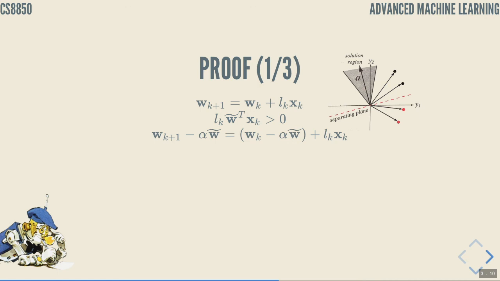Then if we rewrite this equation by adding to both sides minus alpha W tilde, nothing changed, right? We added the same thing to both sides, it's just the same equation.